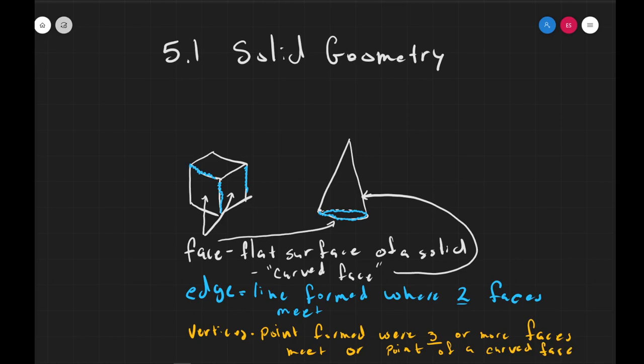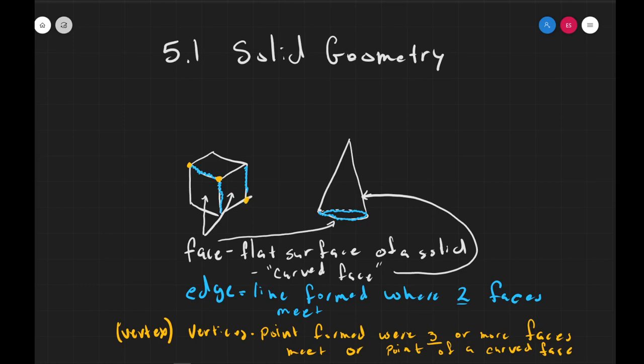So this guy right here, where this face and this face come together, is a point, or is a vertex. If we're talking about one of them, it's a vertex. This guy right here, where this face and this face come together, is a vertex. We have a vertex down here.